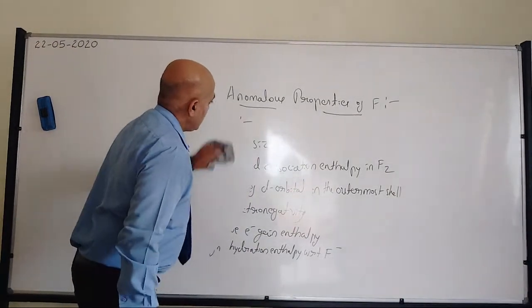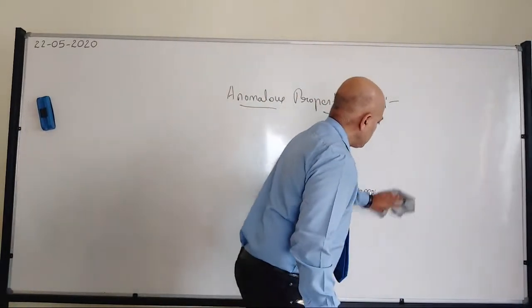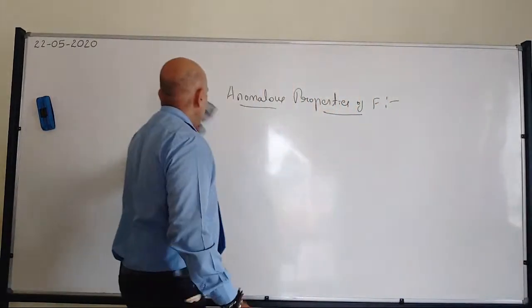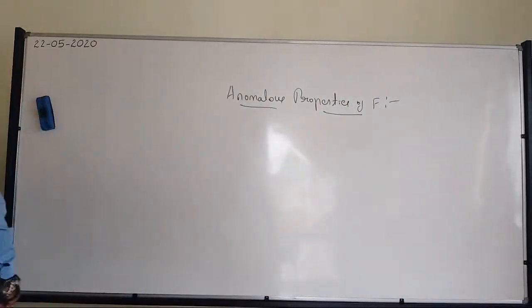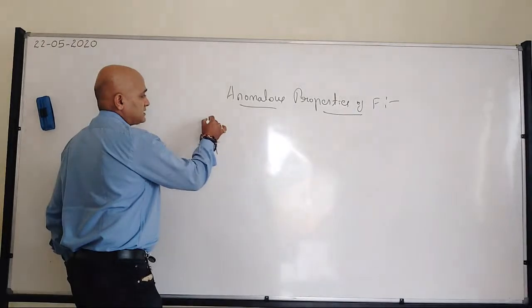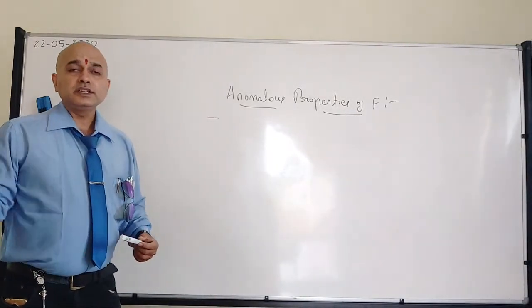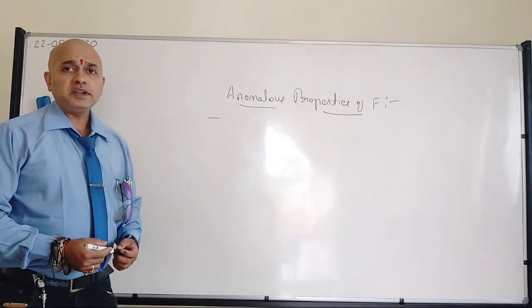So that's where we have the reasons for the anomalous properties. Now we have to discuss which are those anomalous properties, right? Now the first one, if you remember atomic size, you can easily give the properties also.